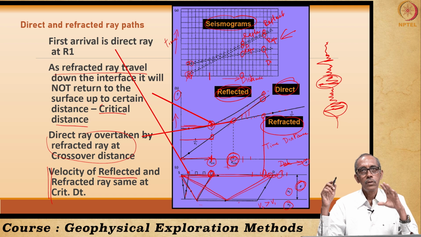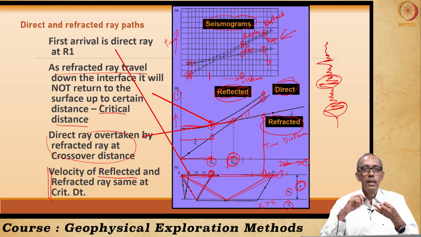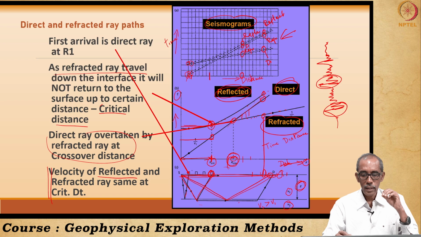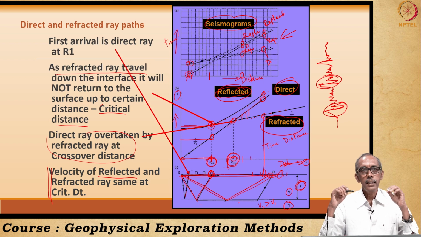Okay. So, we have now understood how the seismic waves are traveling below the surface of the earth, that is direct, refraction, reflection, and we have also seen two important things. One is known as critical distance. Critical distance is the distance beyond which the geophones will receive refracted signals.